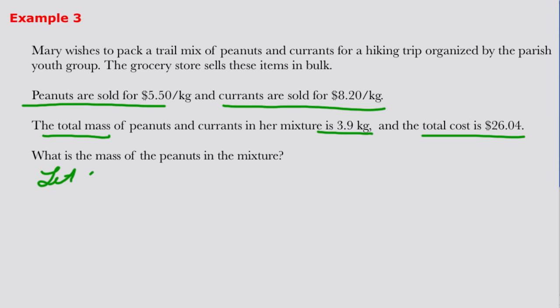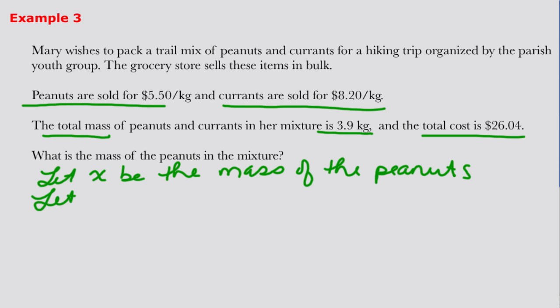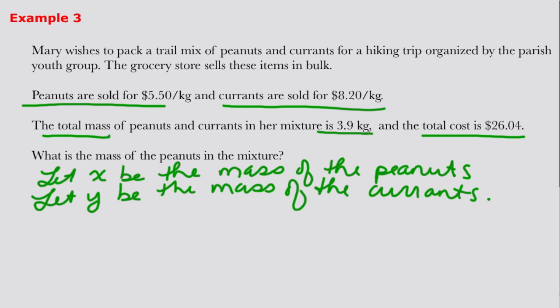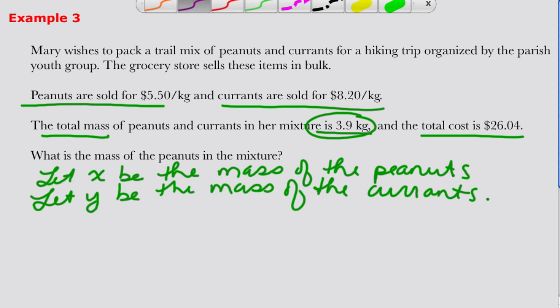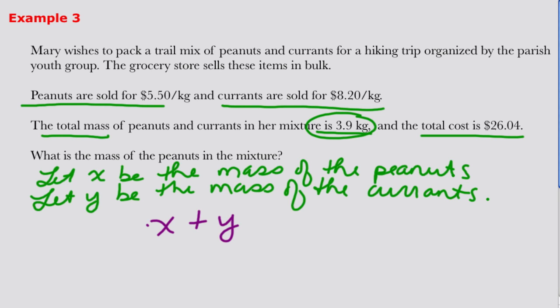So let's let x be the mass of the peanuts, and we'll let y be the mass of the currants. So therefore, what we know, there's going to be probably a simple equation, just talking about the mass. The mass of the peanuts plus the mass of the currants equals the mass of the mixture. And we do know that that is 3.9 kilograms. So one equation might just be x plus y equals 3.9.